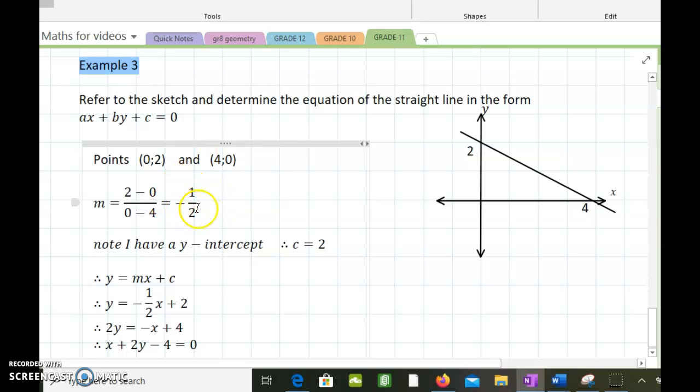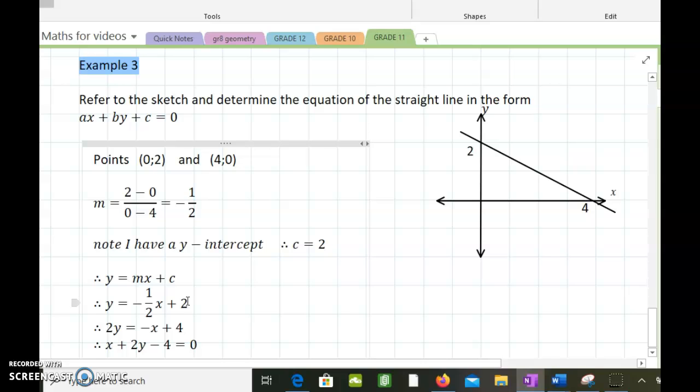You could have also just arrived at that answer, -1/2. But note also I have the y-intercept, which is 2. It can be recognized here, but you can also recognize a y-intercept by x being 0. So all I have to do is substitute it into the gradient y-intercept formula. So the gradient is -1/2, the y-intercept is +2.